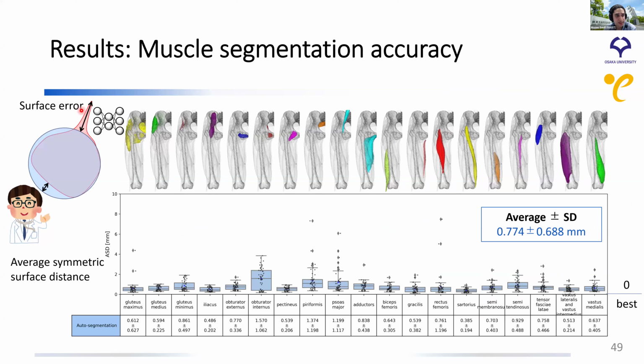And ASD, which is a measure of how much error you have on the surface, has a value of around 0.774, which is very low, less than 1 millimeter, approaching the voxel size in the image. This is really good accuracy in terms of whether we can use these models for further analysis steps or not.